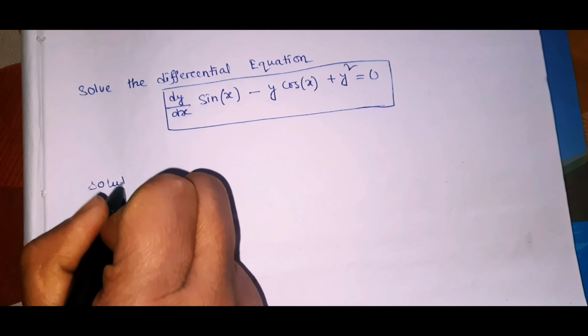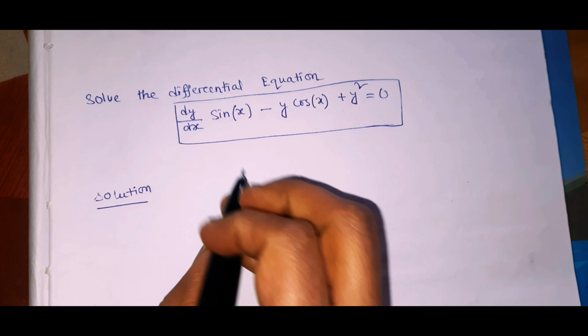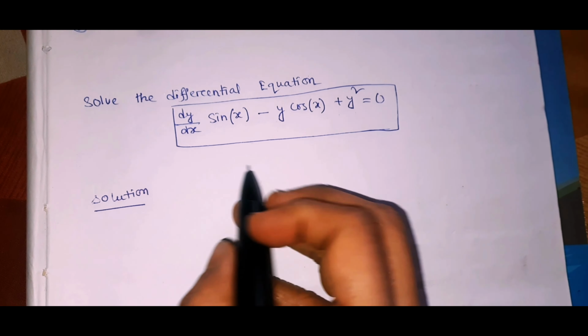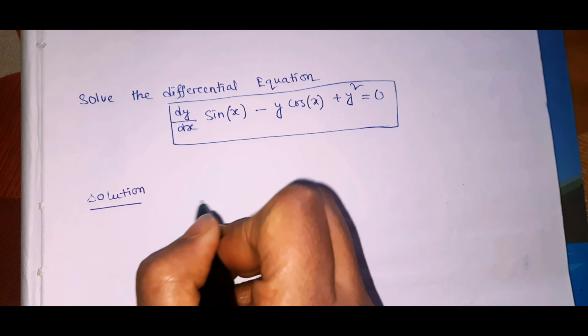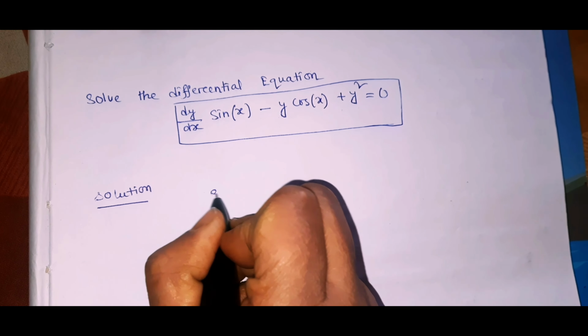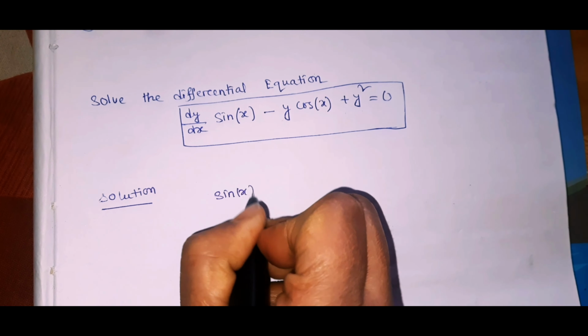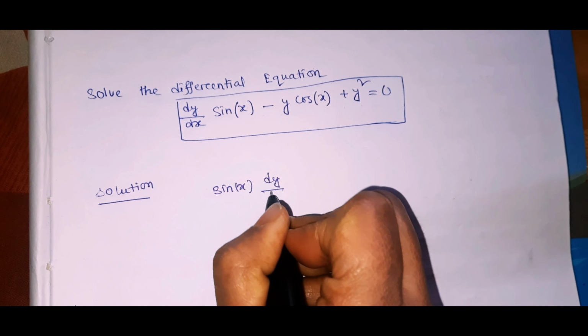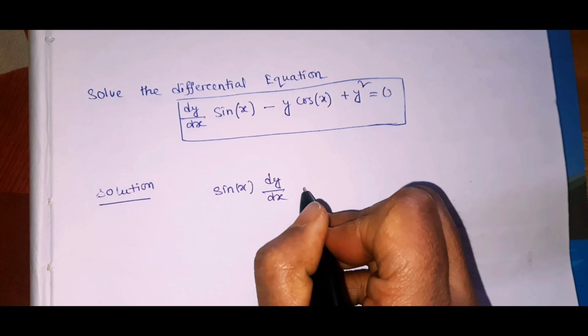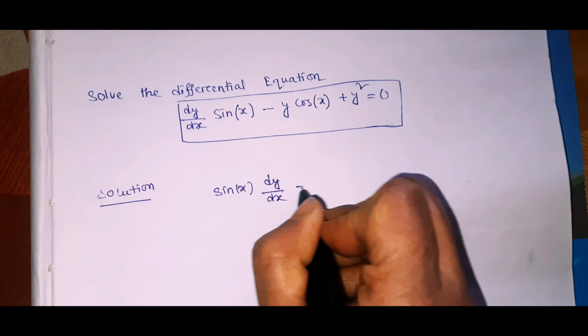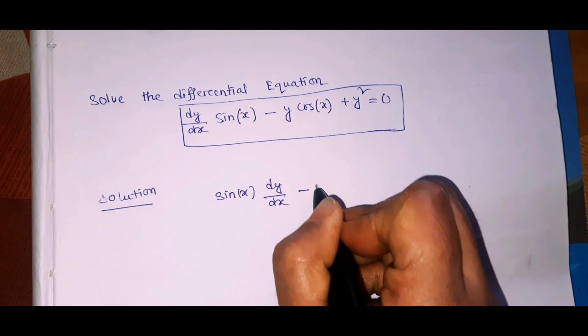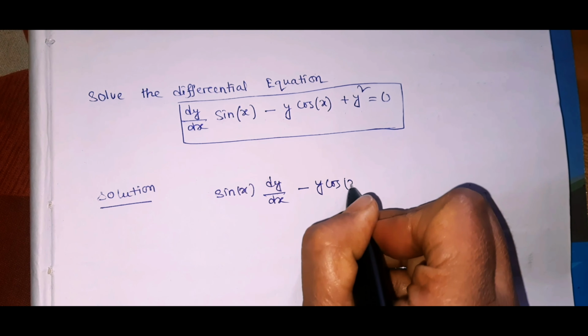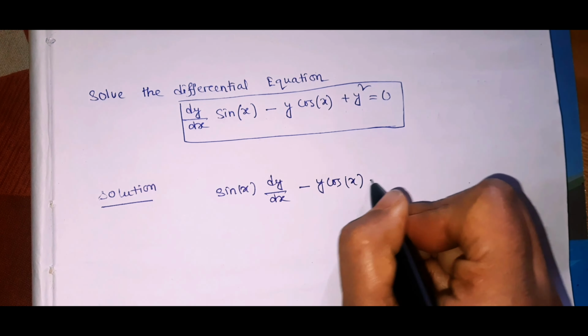Today we are going to solve the first order and first degree differential equation. First we write the differential equation as sin x dy/dx minus y cos x plus y square equals 0.